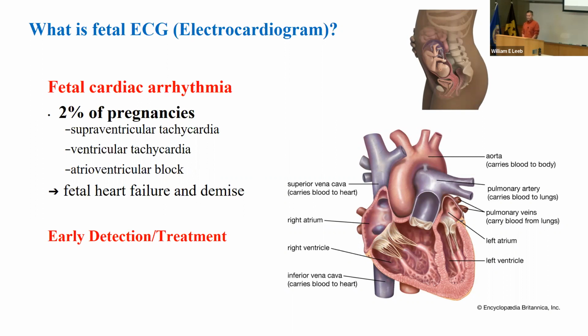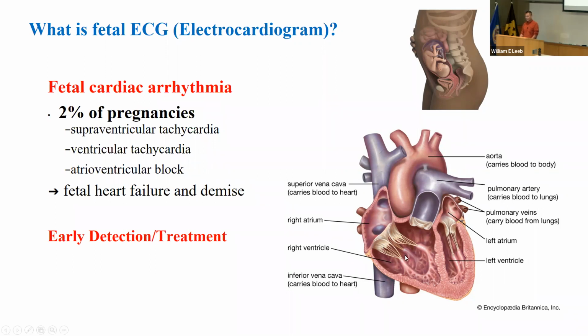And why do we need to study the fetal electrocardiogram? Because there's a disease called fetal cardiac arrhythmia, which happens in 2% of pregnancies, including supraventricular tachycardia, ventricular tachycardia, and atrioventricular block.